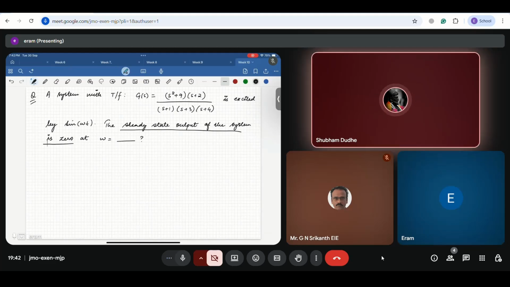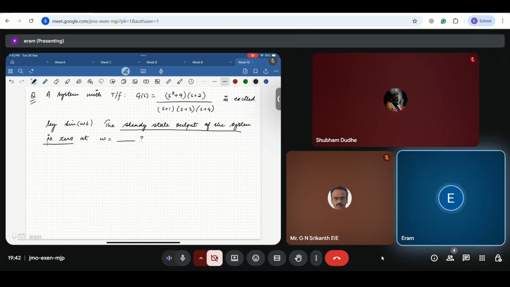So the magnitude is nothing but the magnitude of the input. So the magnitude of input is 1. We have 1 multiplied here, right? There is no another gain. This is just 1 sine omega t.